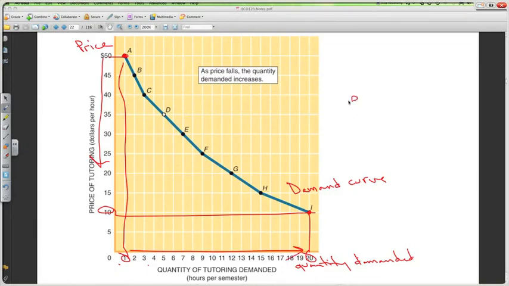So with the demand curve, price goes down, quantity demanded will increase. This is showing an inverse relationship. This inverse relationship is because of our law of demand.